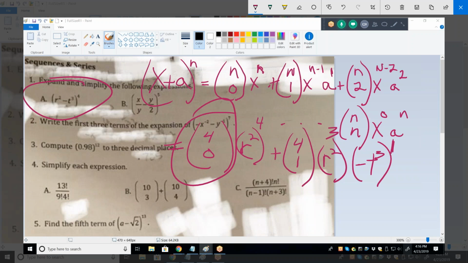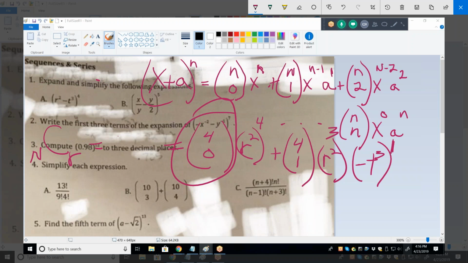4 choose 0. 4 choose 0 is equal to, so with a combination, let's do the general. You need to remember the general. The general being n choose r. What's that equal to?